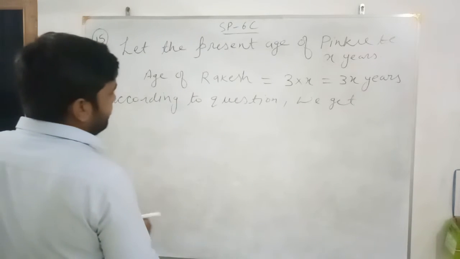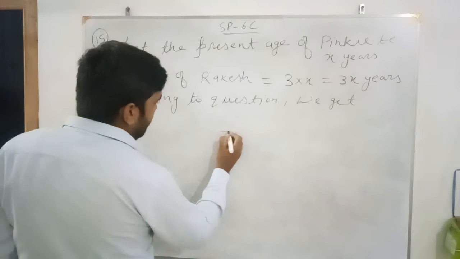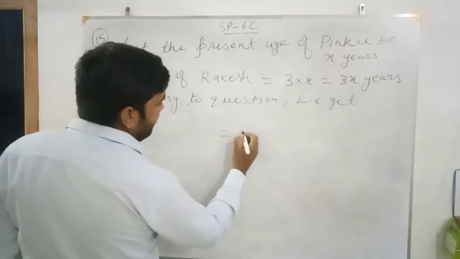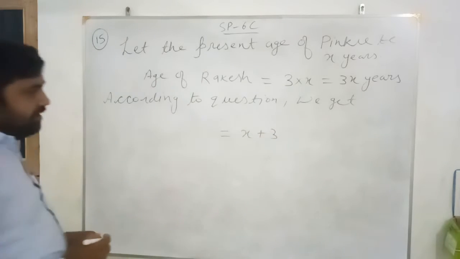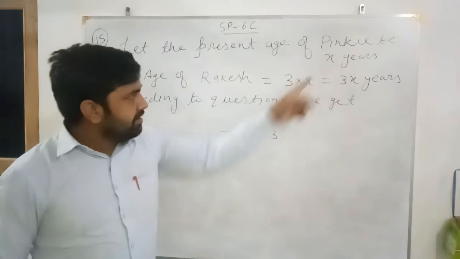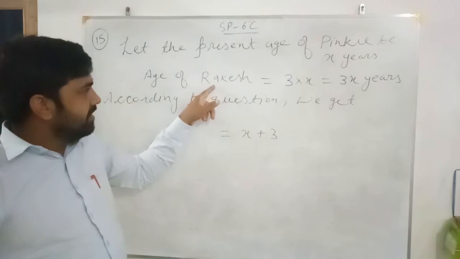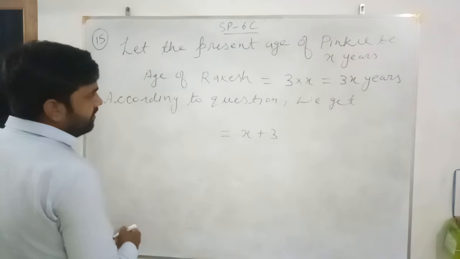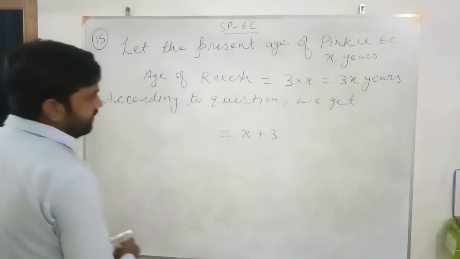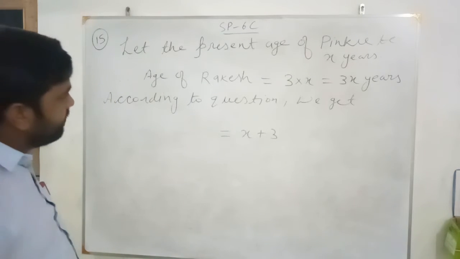After 3 years, Pinku's age will be x plus 3 years. But Rakesh's age is twice that age. So what will Rakesh's age be? Twice that age, that is twice of x plus 3.